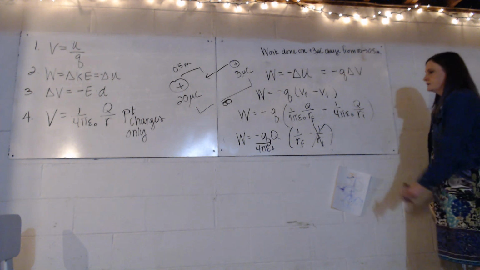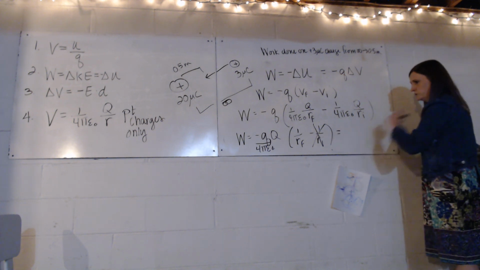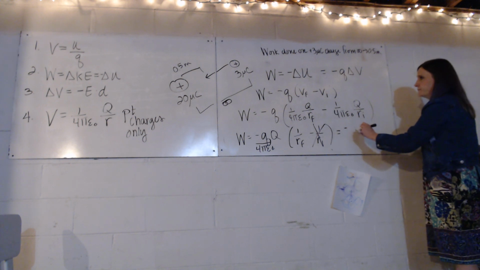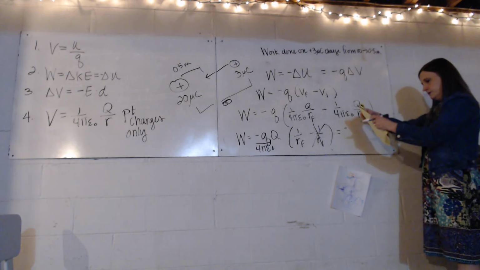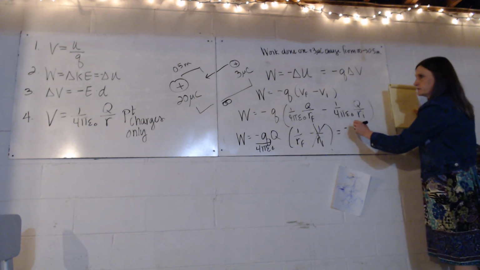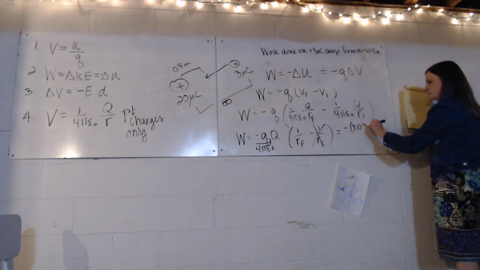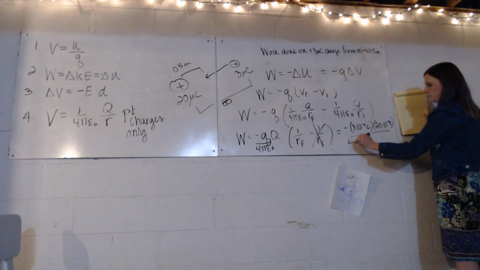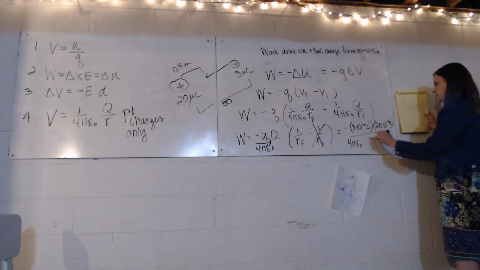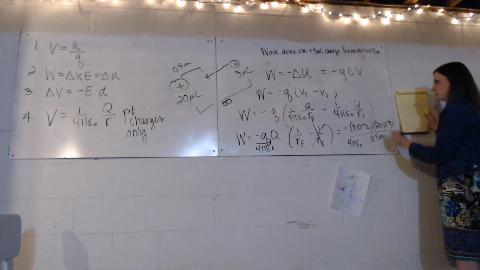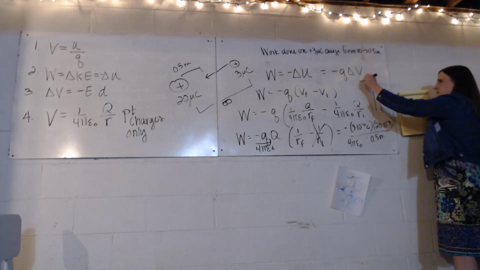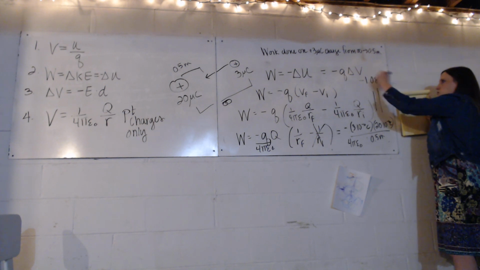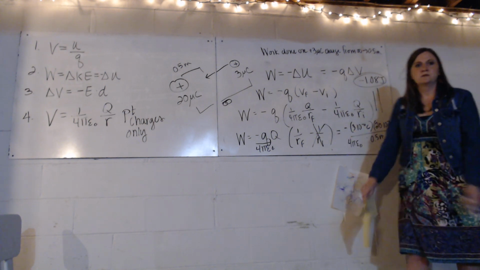So when I plug numbers in here, it's equal to negative 3 times 10 to the negative 6 coulombs times 20 times 10 to the negative 6 coulombs divided by 4 pi epsilon naught, because that's a constant you can look up, times r, which is 0.5 meters. When I plug all those values in, this ends up being negative 1.08 joules, my work done to move the charge.